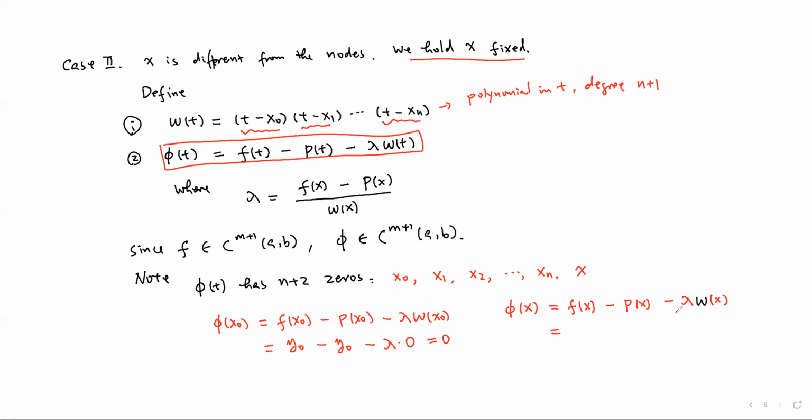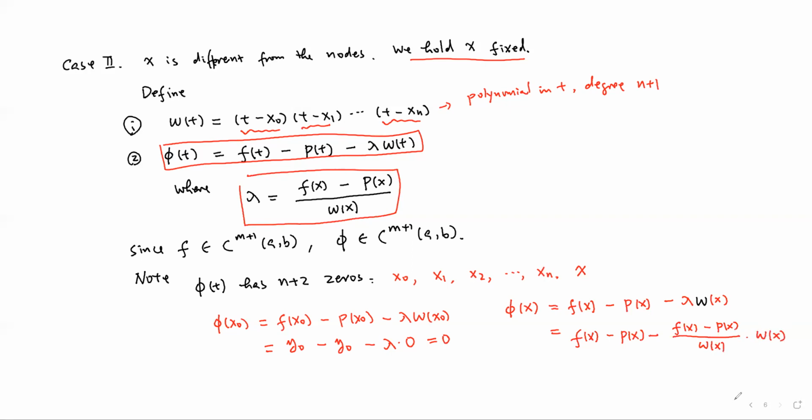Now I claim that the right side expression is 0. How to see? Let me see. f(x) minus p(x). We need to recall the definition of lambda. Lambda is f(x) minus p(x), over w(x).